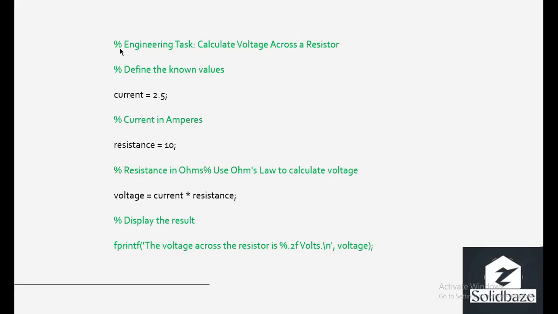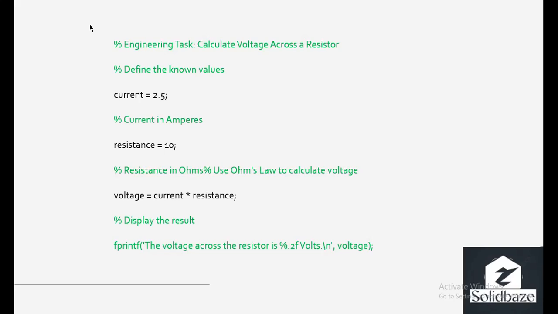It does not affect our code when running in MATLAB. It just tries to explain what we want to do or what a particular function is doing at the time. So in this scenario, this comment is telling us that we are carrying out an engineering task, which is to calculate the voltage across a resistor.